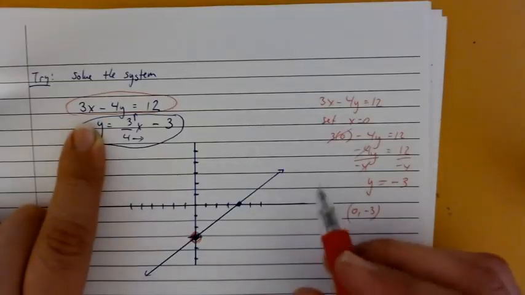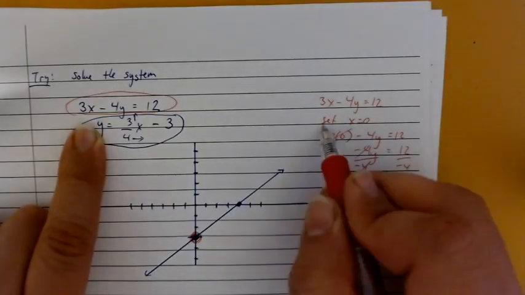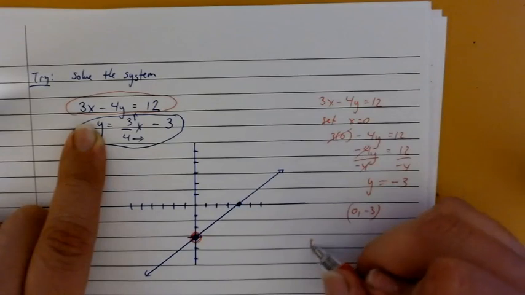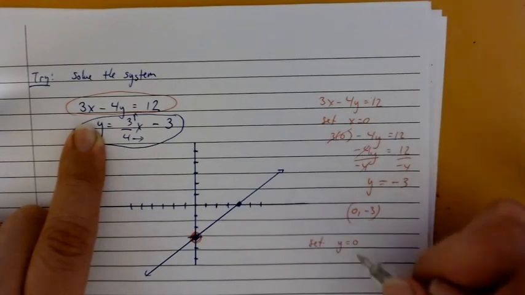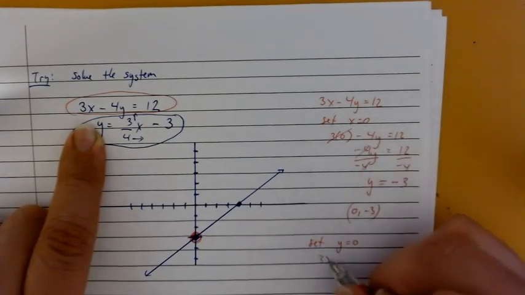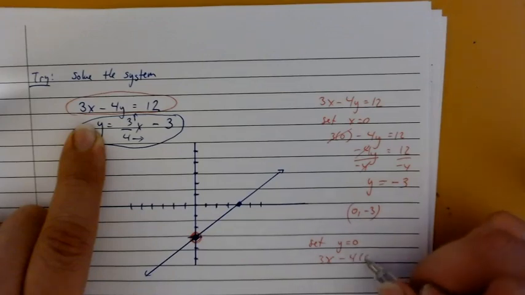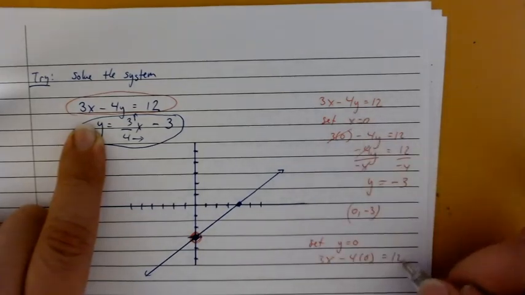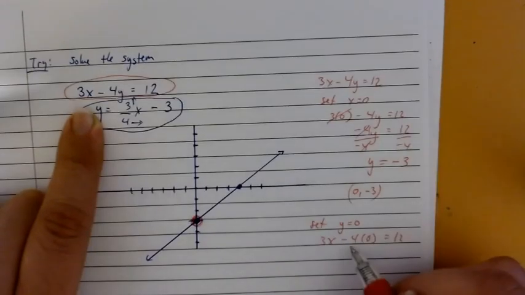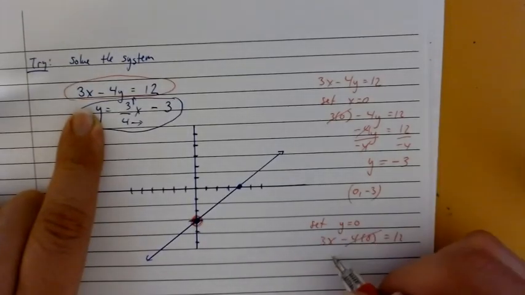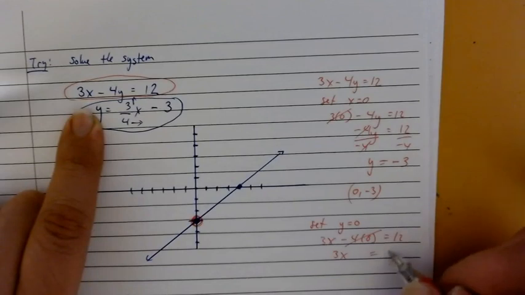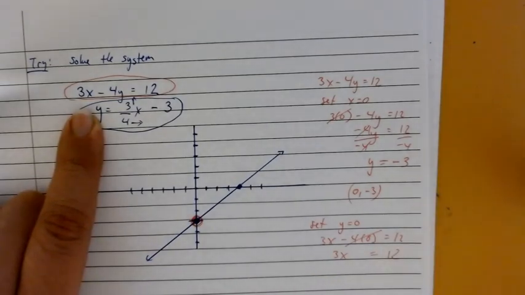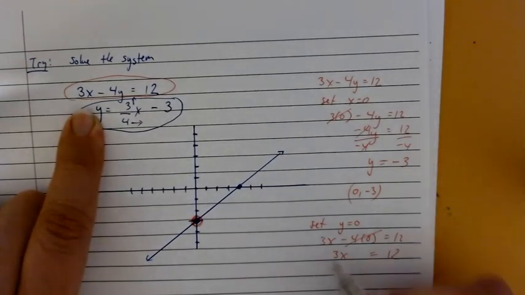Okay. I can go ahead and do the same thing for y equals 0. Let me set y equal to 0. That's going to give me 3x minus 4 times 0, my y is now 0, equals 12. Anything times 0 is 0, so that goes away, leaving me just 3x equals 12. And then I can divide both sides by 3 to isolate my x value.